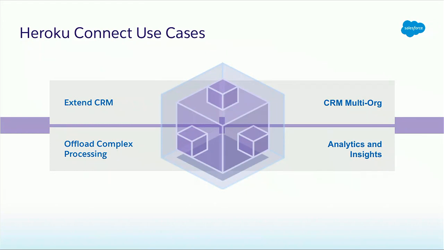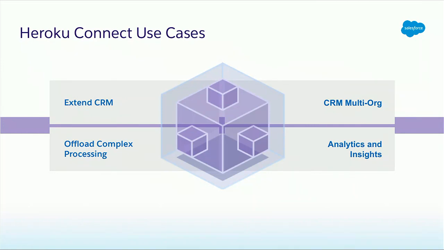Well, Heroku Connect is most often used, again, being in Heroku, to facilitate development of applications, logic, analysis. So when we say extend CRM, that's sort of marketing speak for leveraging the power of your CRM together with the power of the PaaS so you get the best of both worlds. And what that means in practice is if I have complex logic that works in service to a business process defined in Salesforce, it may make a lot of sense for me to externalize that logic.